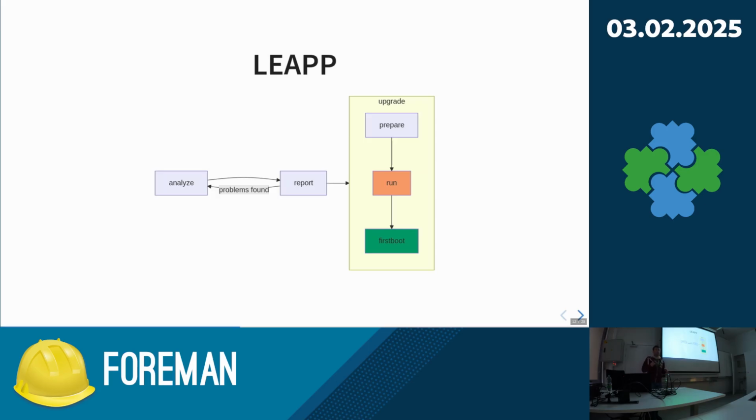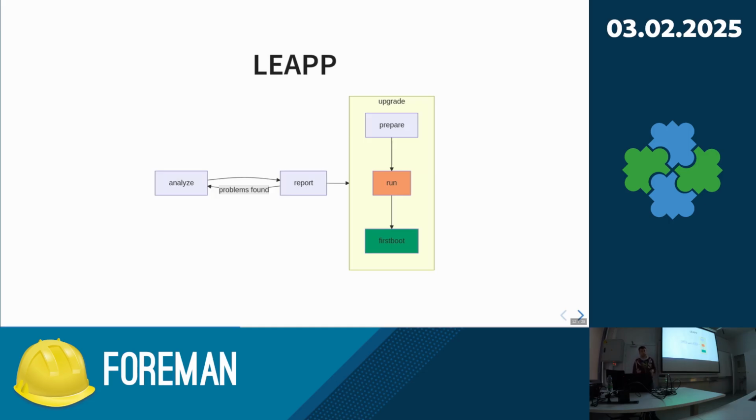Probably does a lot of things with secure boot. I don't know how they handle key changes between operating system versions. But the end of this preparation is you have a live system that you can later boot, and this live system contains all the information that's needed to upgrade your system.